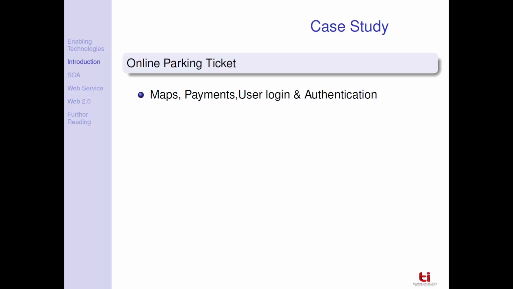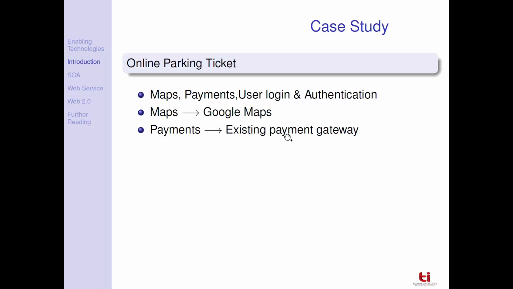On the other hand, for maps, there is already a service, Google Maps, which is available. For payment, there are existing payment gateways like Paytm, PayPal, and many others. For user authentication, Facebook or Gmail can be used.